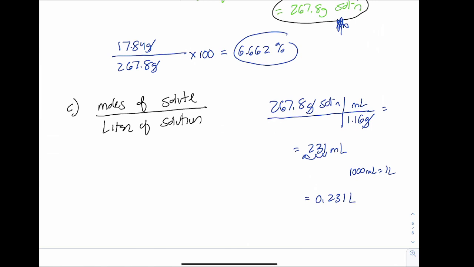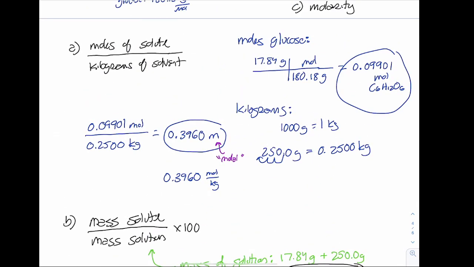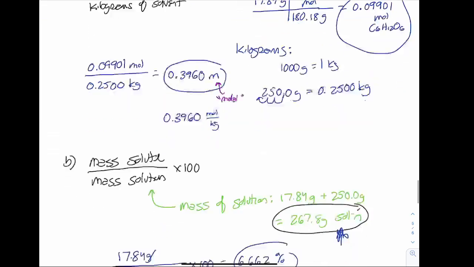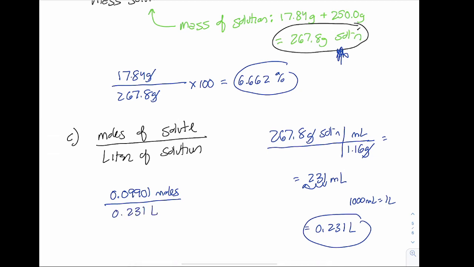So my molarity, moles of solute, which we calculated up here somewhere, 0.09901, divided by my liters of solution, which we just calculated to be 0.231 liters. And then divide that out.